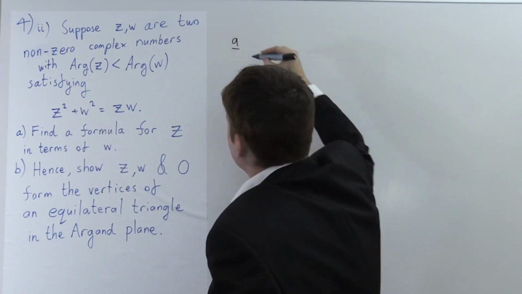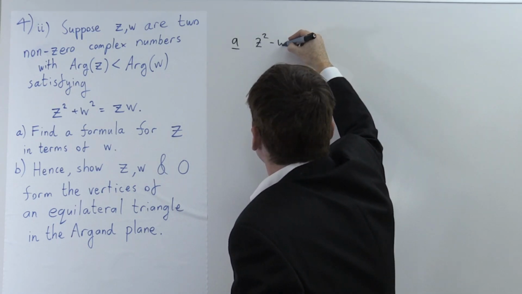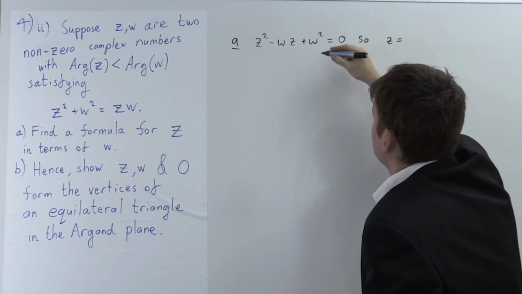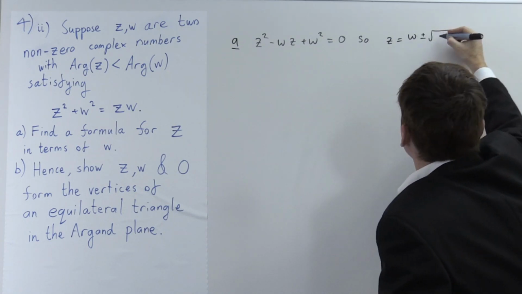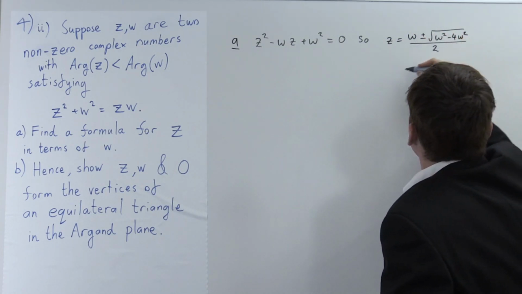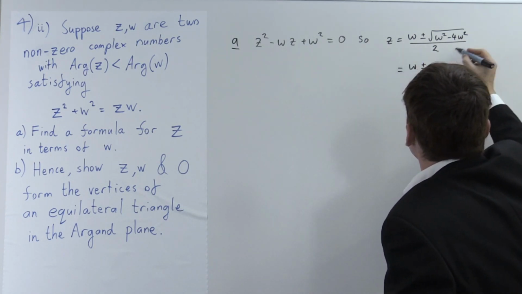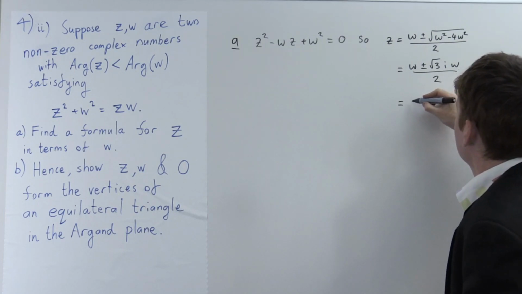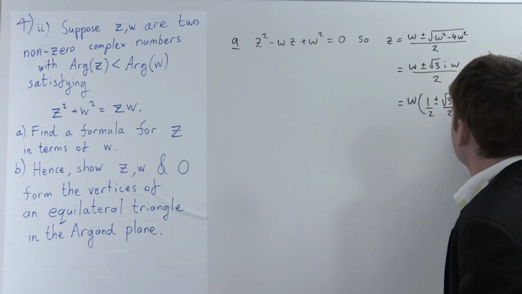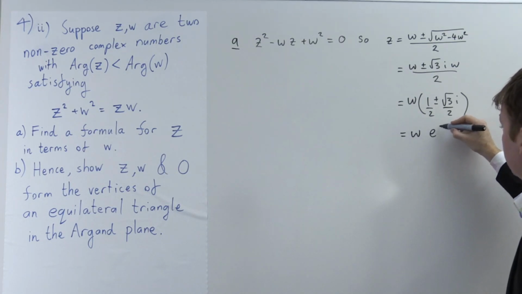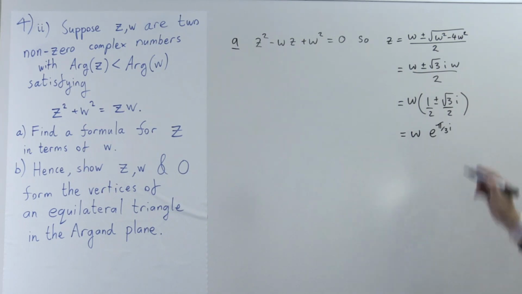So for part A, z squared... so z is equal to w plus or minus root 3i w over 2, which is, I can take a common factor of w out of this, 1 plus or minus root 3i over 2, which I might choose to write in polar form as e to the pi on 3i or e to the minus pi on 3i.